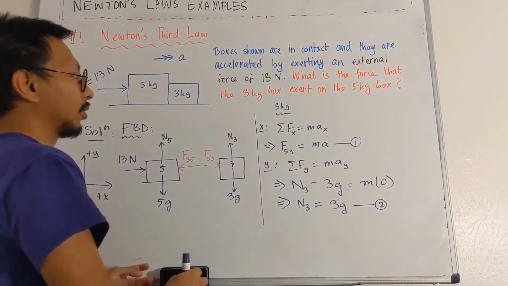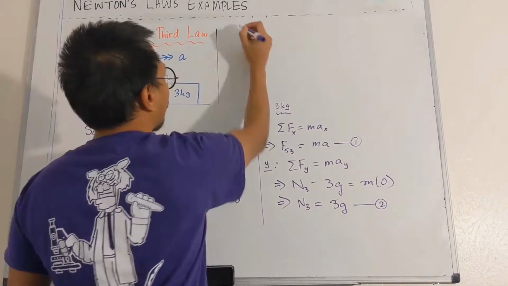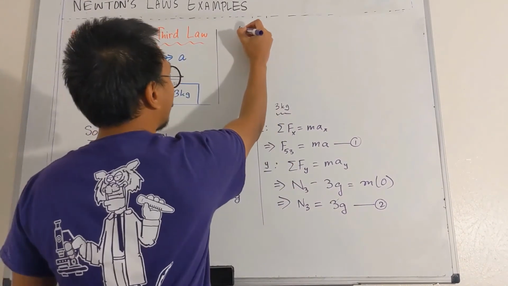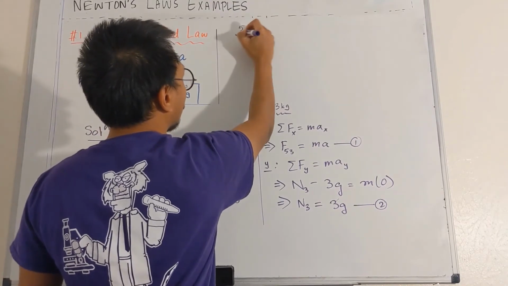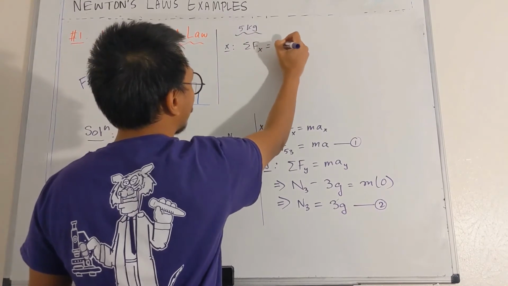Now let's work out Newton's second law for the 5 kilogram box. The 5 kilogram box will have, in the x direction, Fx equals max.